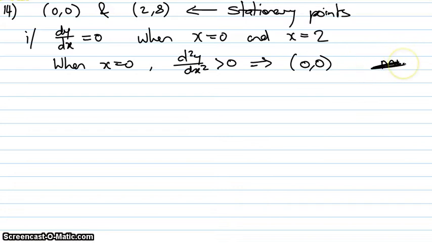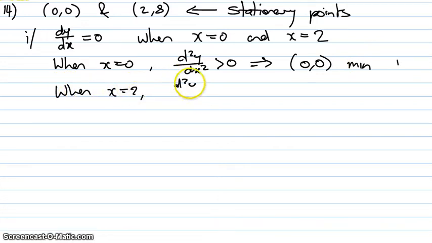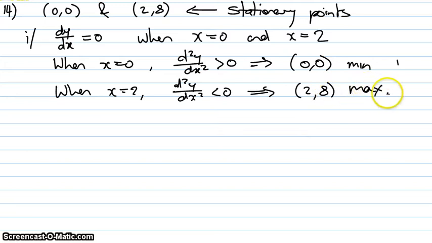We also see that when x equals 2, our second derivative has gone off the bottom, so it's negative, and that means that our point (2, 8) ought to be a maximum point.